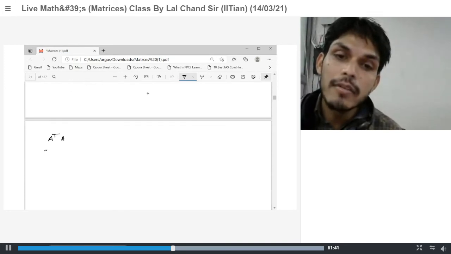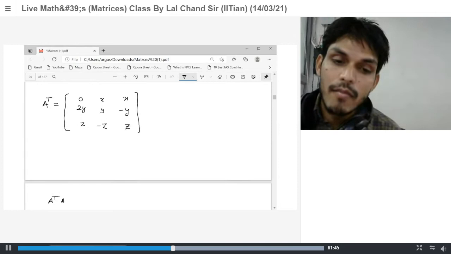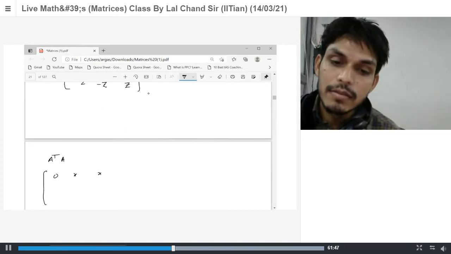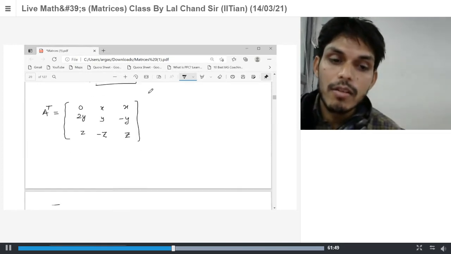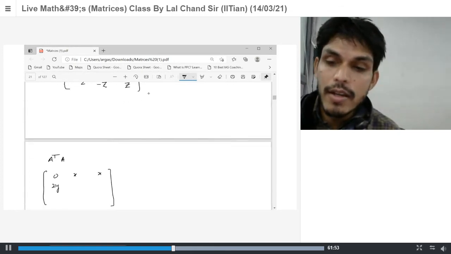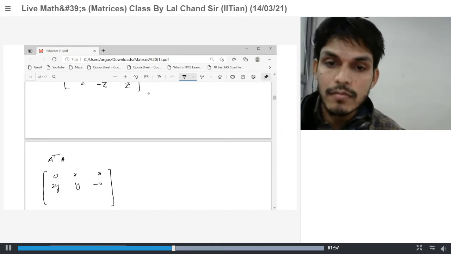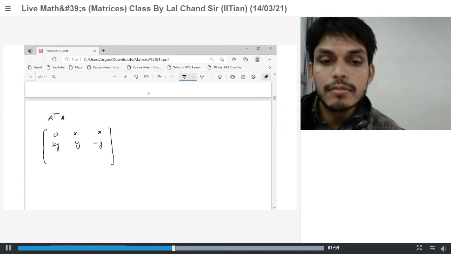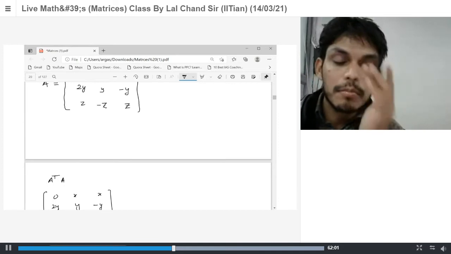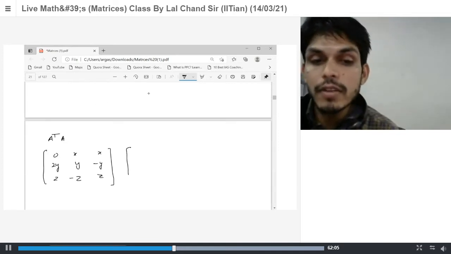So here I have 0, x, x, 2y, y, minus y, z, minus z, plus z. This is the value of A transpose. And what is the value of A?